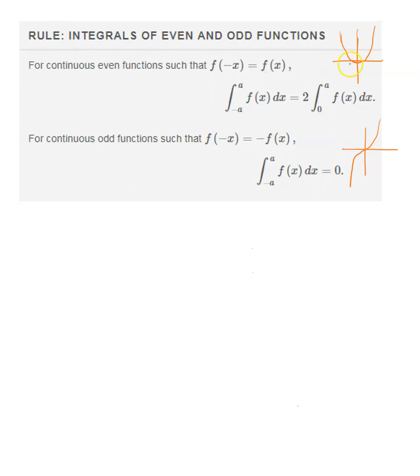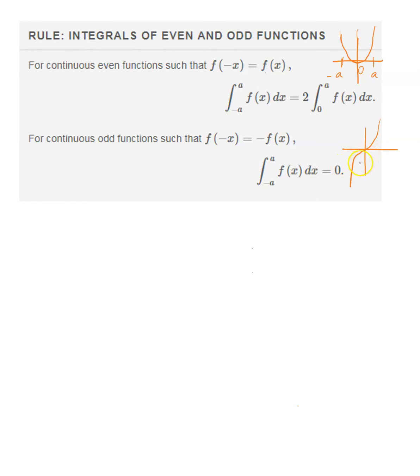So if I'm going from negative a to a, you know that because of symmetry about the y-axis, if you just did half, say you went from negative a to 0 or from 0 to a, you can multiply that by 2 to get the total area. And that's what this first rule says.